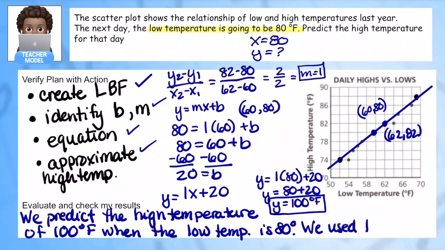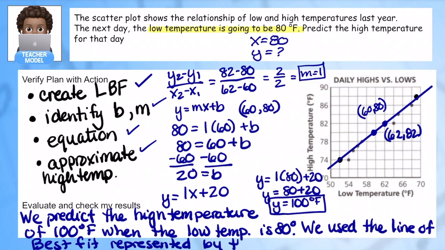We use the line of best fit represented by the equation y equals x plus 20. And done. Hit pause so you can jot this down into your notes.